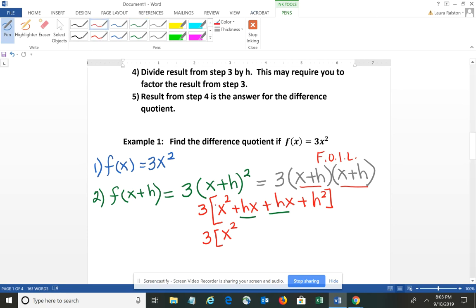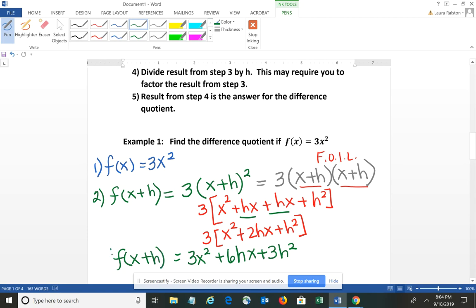So I have x squared plus 2hx plus h squared. And then finally, I need to distribute the 3 so that f of x plus h is 3x squared plus 6hx plus 3h squared. So that represents f of x plus h.